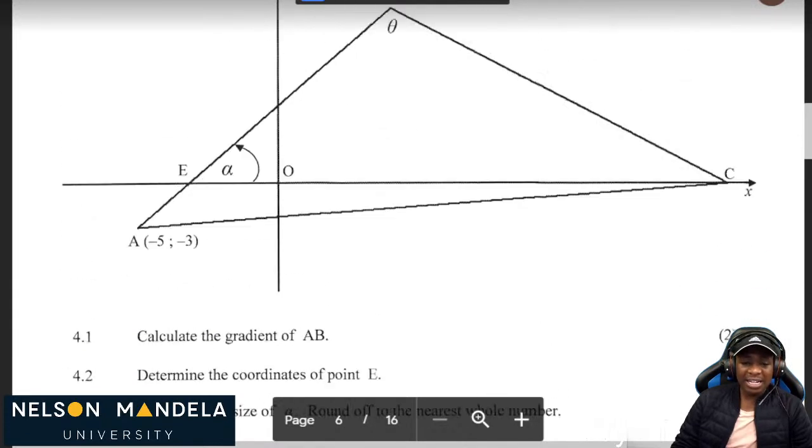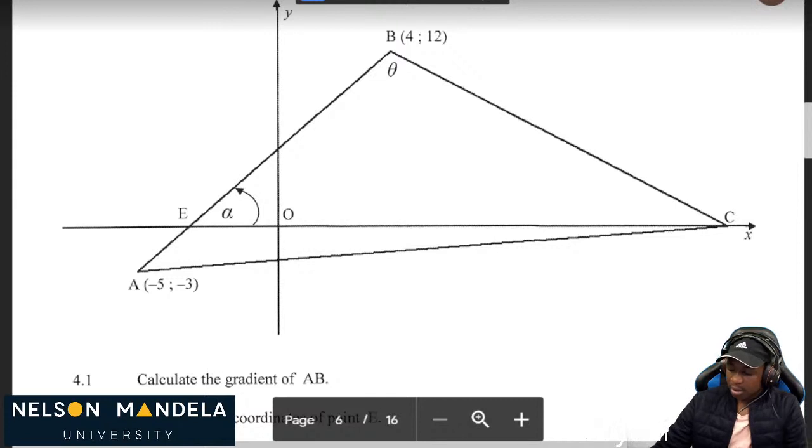Now calculate the gradient of AB. We said earlier in 4.1 that the gradient of AB is always equal to y2 minus y1 over x2 minus x1. We have AB, so we're going to have 12 minus 3 divided by 4 minus 5.